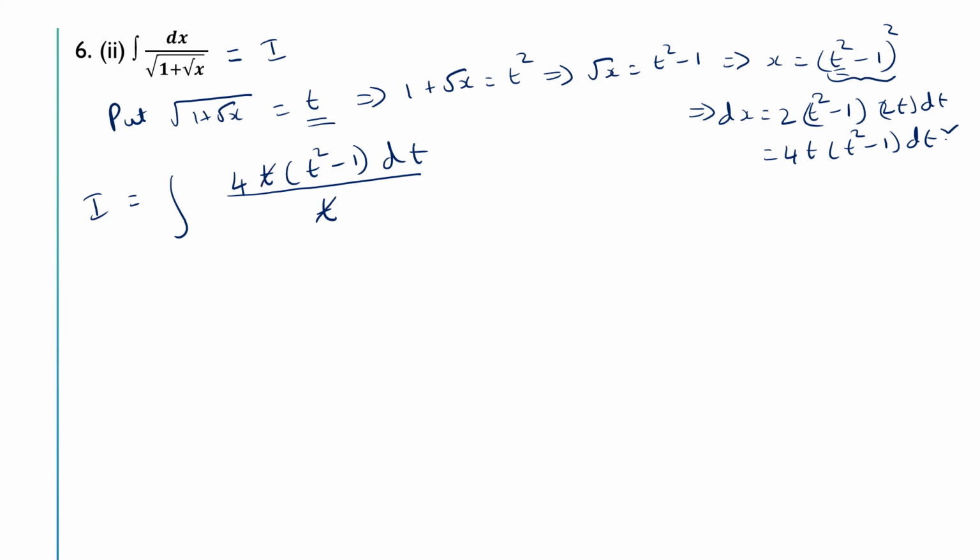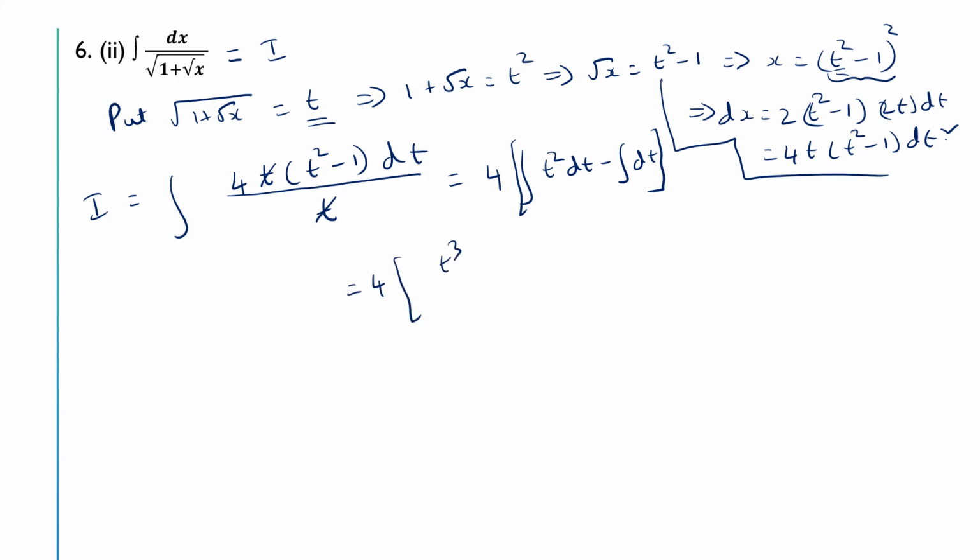Now this is very easy. So this is equal to 4 integral, 4 we can take it outside, t square dt minus integral dt. So this is equal to 4 into t cube by 3 minus t plus c. So now we have to substitute for t.